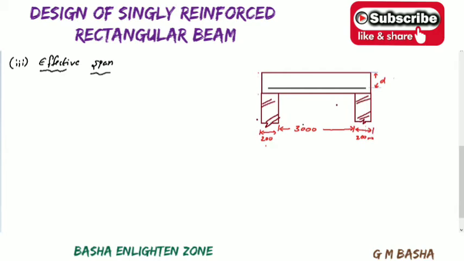Otherwise you can select the width of the beam as 150, 200, 230, 250 or 300 mm. The width of the beam should be equal to or less than the dimensions of the column supporting the beam. So this is the given data, that is 3 meters clear span, and 200 mm width of the supports on both sides.